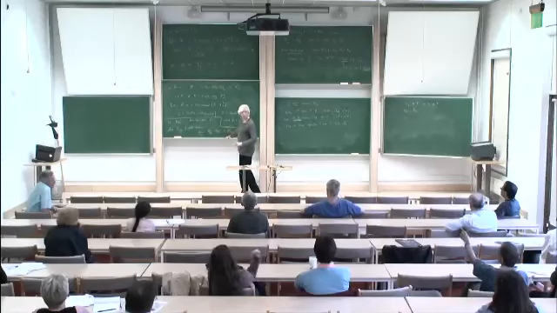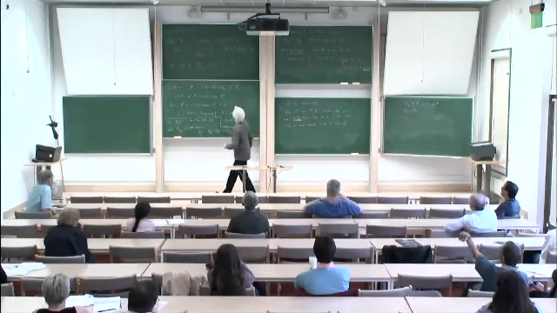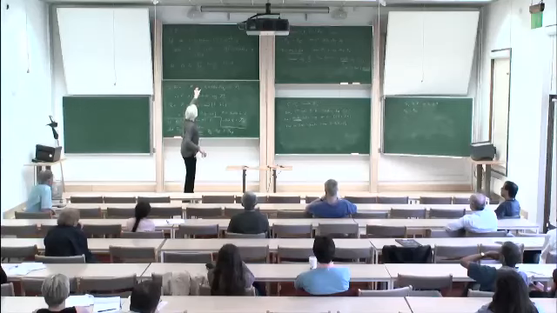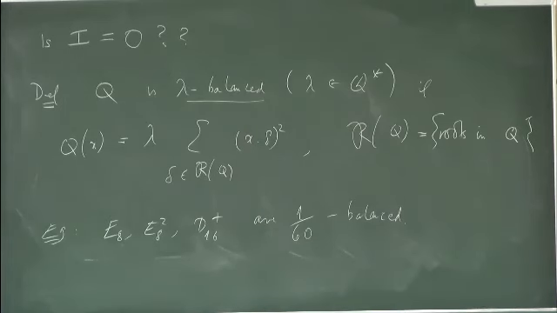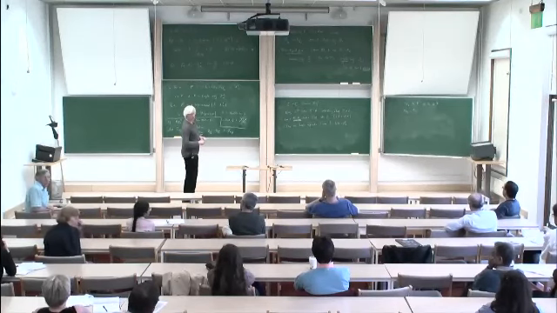After you defined lambda balanced, which I don't understand very well. Okay, the only point of that definition is that only in those circumstances can I prove anything. It's a boring technical constraint on the quadratic forms imposed by my inadequacy. So is it true, just a side question, that not all Q are lambda balanced?